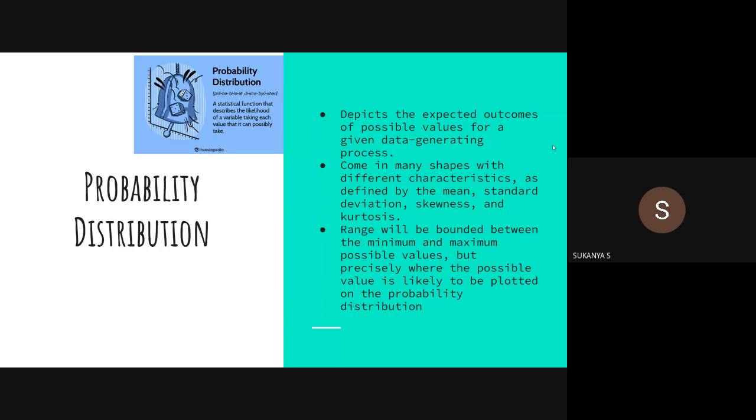You can only see the possibilities. Such experiments are called random experiments, and a random variable takes the outcome of those experiments. When you list all the possible outcomes and their probabilities as a table or write it as a function, what you get is called a probability distribution.